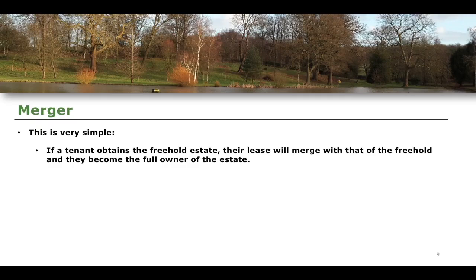So if me and my partner decided that we wanted to purchase the property that we rent right now, then there would be no need for us to have a leasehold agreement with the landlord, because we would effectively become the landlords, and we would therefore have merged the freehold and leasehold estates together, at which point we would just have an ordinary freehold estate. So, like I said, it is the best way for a tenant, if they so choose, to purchase the property, because then they just become the full owners of that property.